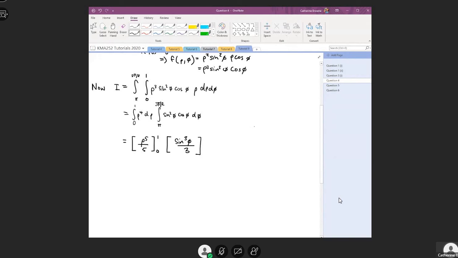And you can see that, if I try and differentiate that, I need to use the chain rule, so I get 3 sine squared phi on 3. The 3's cancel, but then I have to also multiply by the derivative of sine phi, which is just cos phi. So I get the same.